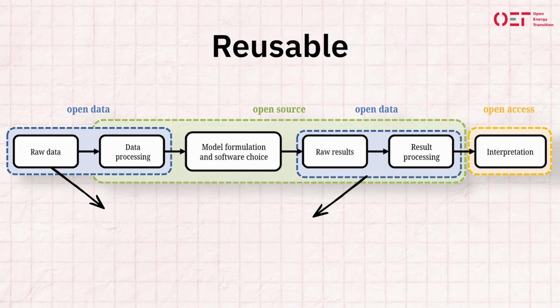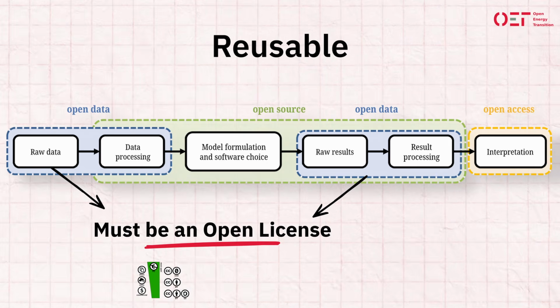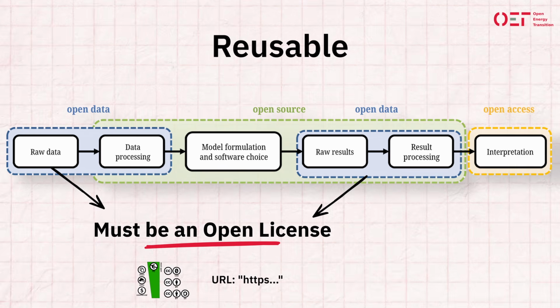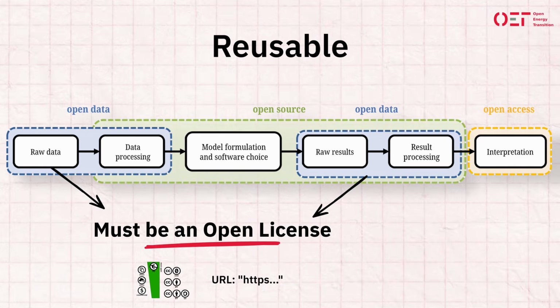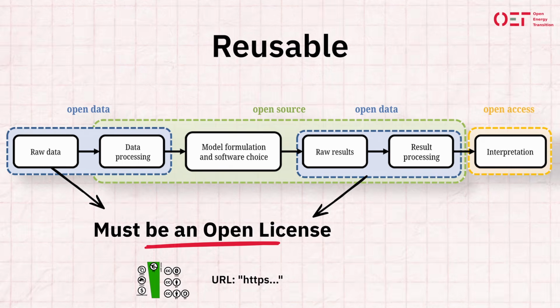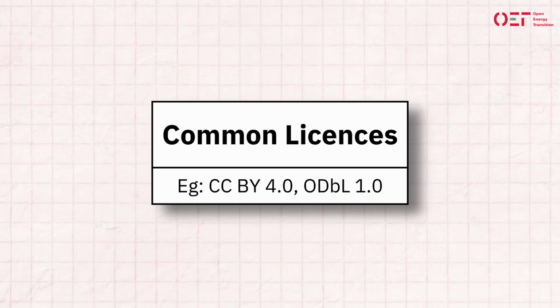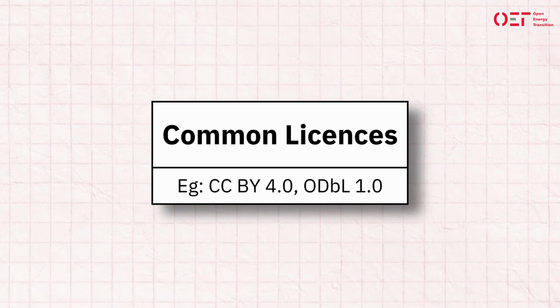Reusable: data must be released under a clear license with its provenance published alongside the data, explaining where the data comes from and how, when and by whom it was processed and changed. Like open source software, open data also relies on licenses to enable effective reuse.